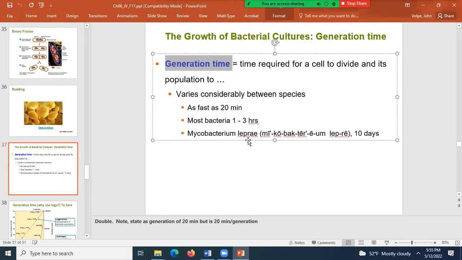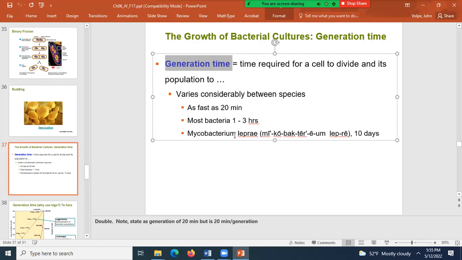Mycobacterium leprae causes leprosy, and it's very slow, partly because of all the mycolic acid in its cell wall, and it takes time for the cell to make that mycolic acid. So usually the Mycobacterium are slow growing.